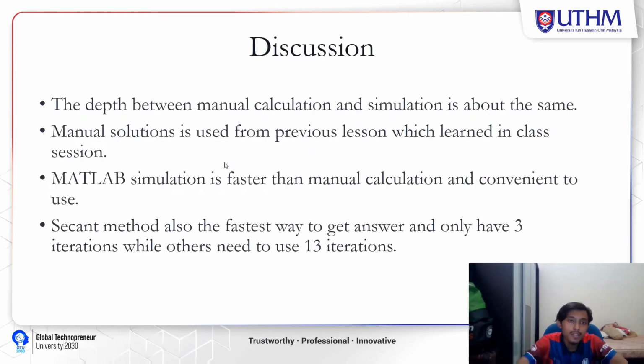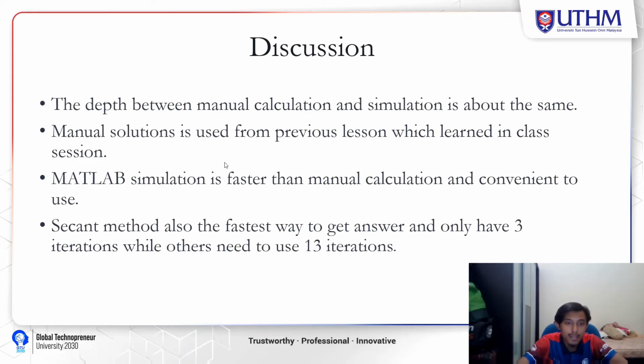For the discussion, the depth from the manual calculation and the simulation is about the same. The manual solution uses what we learned in class, and the simulation uses MATLAB, which is faster than manual calculation and convenient to use.